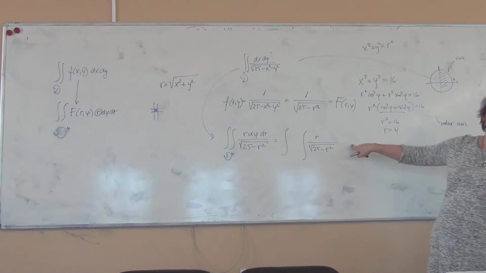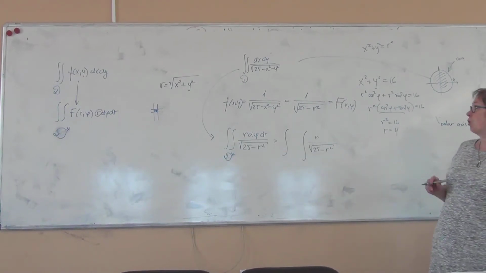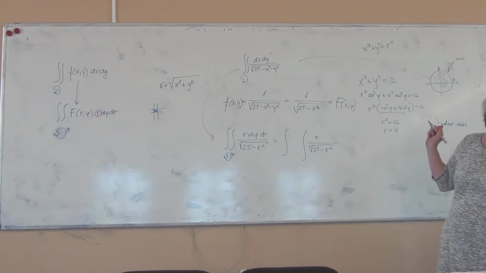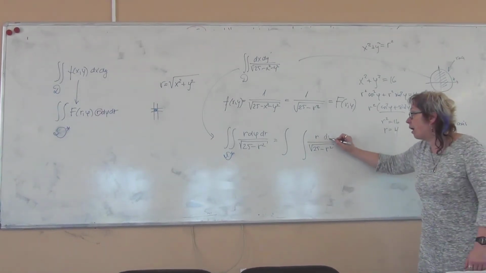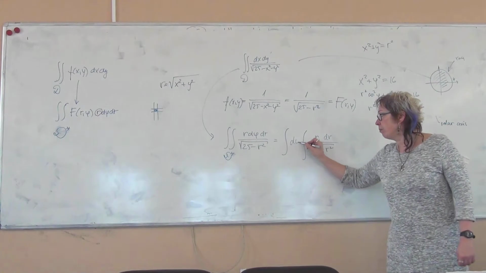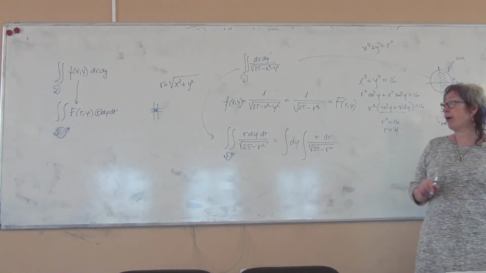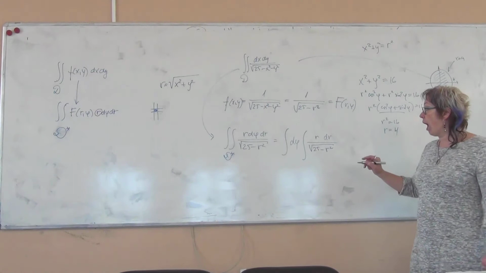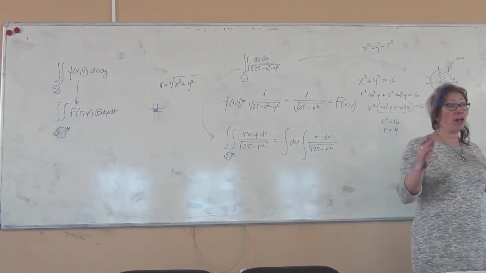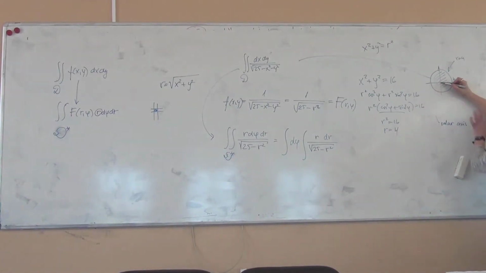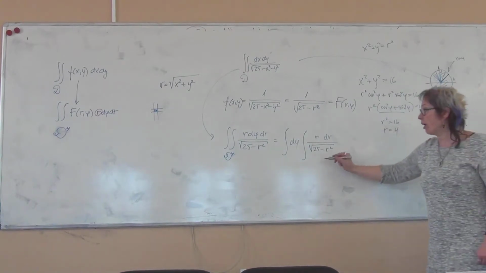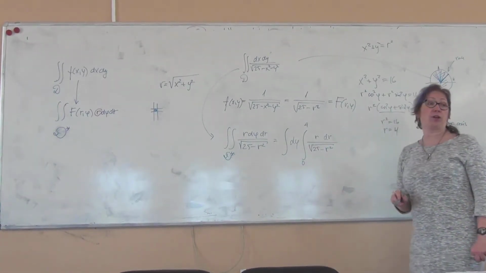In polar coordinates, these double integrals are usually taken first by r and only then by phi. What are the boundaries of r? Anything from 0 to 4. For any angle, we integrate along this segment from 0 to 4.